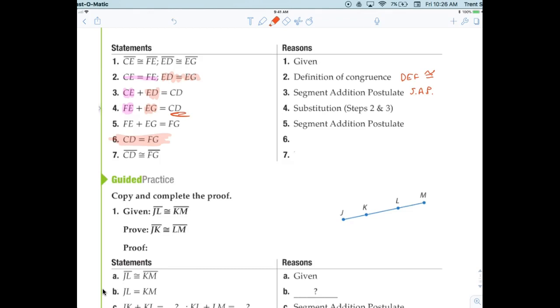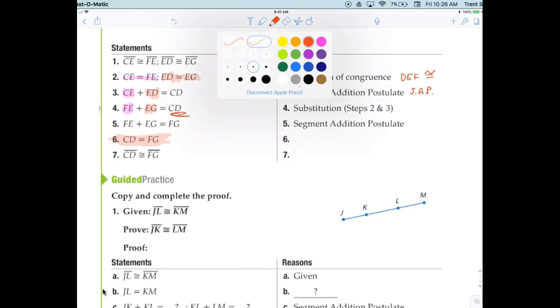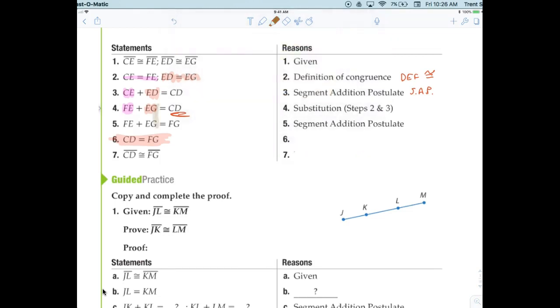What I'm telling you is you kind of have to look at the step ahead to figure out what the next step is. And how did I know CD was equal to FG? The key is right here. I'm going to highlight this so you can see it. Does everybody see what I'm highlighting? Those are the same. Does everybody agree? And they're equal. Does everybody agree with that? So again, it's just a what?